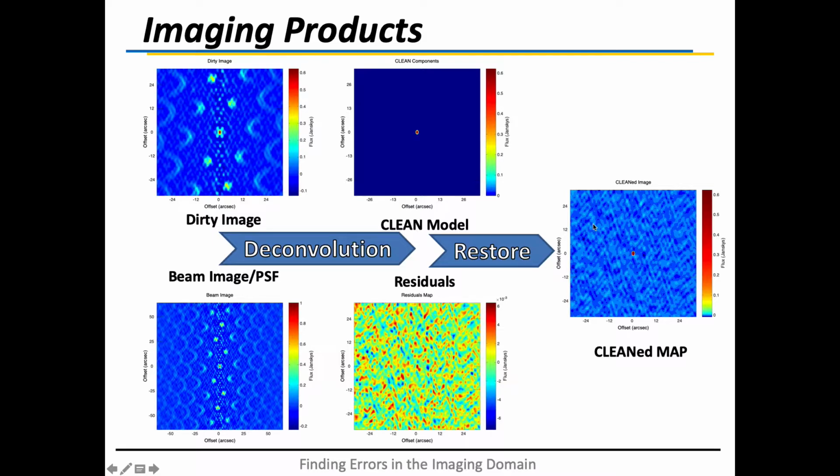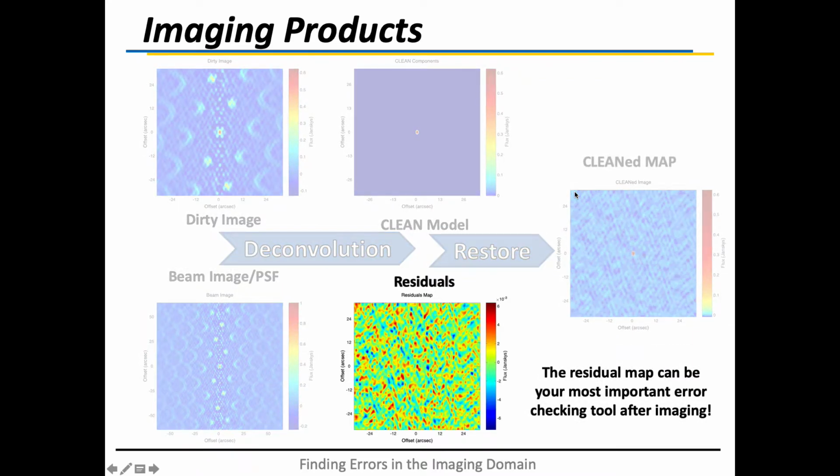In terms of chasing down problems, the most important map out of all five of these, you might guess it's the clean image, but no. In fact, the most important map to look at is the residual map. The reason for that is really simple.